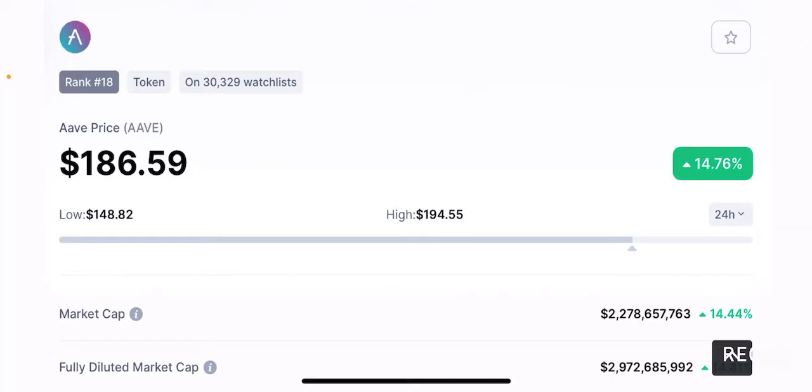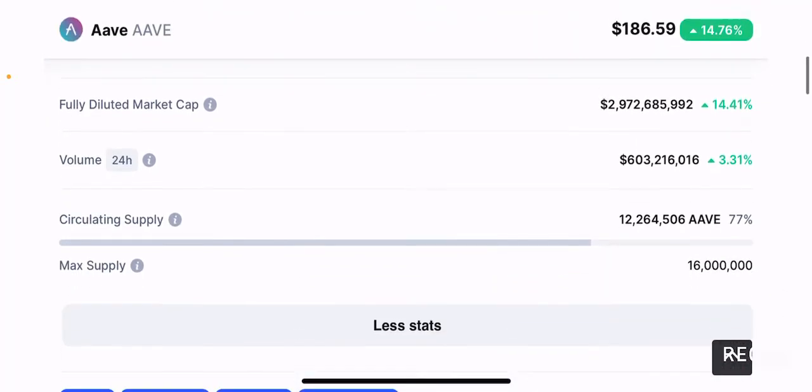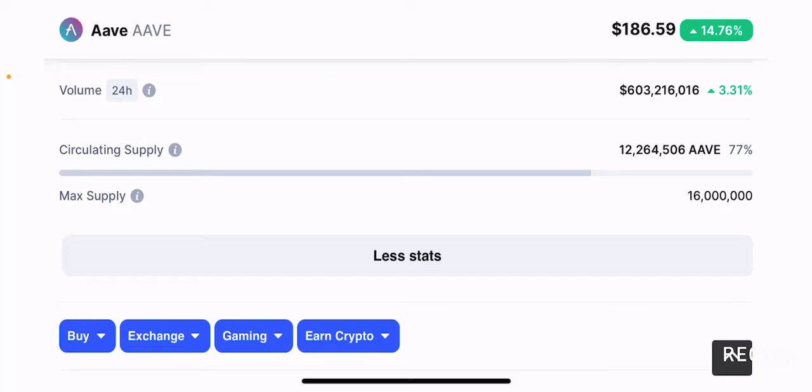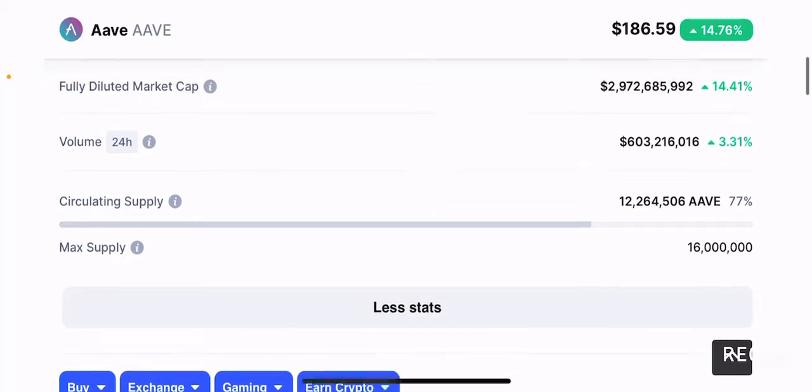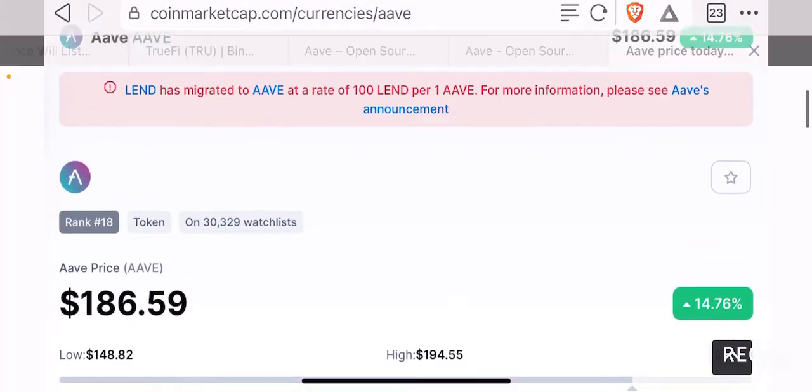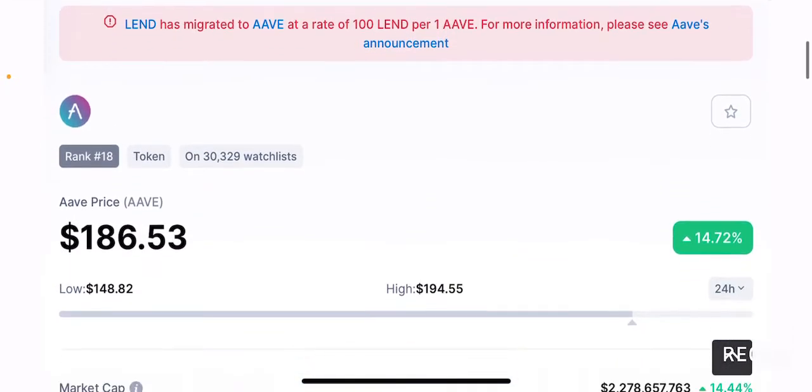And if you are planning to hold AAVE for long term, you can clearly see that as the supply crunch continues to occur throughout the next few years, the price only has one direction to go, which is basically up, right?